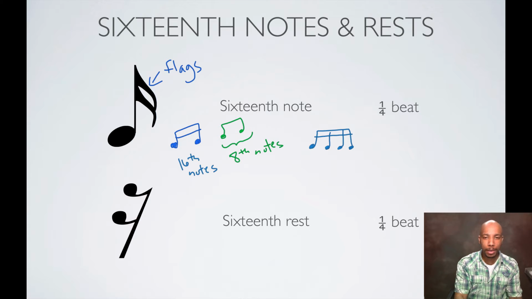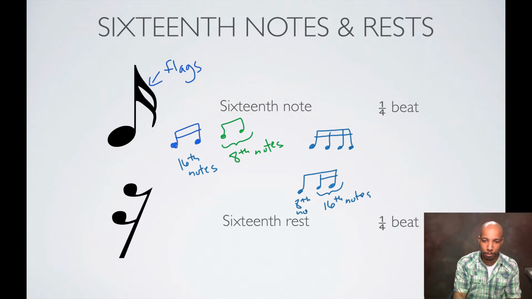Sometimes you get a combination of 16th notes and 8th notes. You'll see this a lot. These are 16th notes. How do we distinguish? If 2 bars are touching the stem, it's a 16th note. If only 1 bar is touching the stem, it's an 8th note.